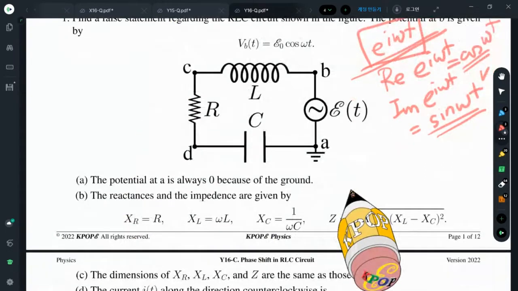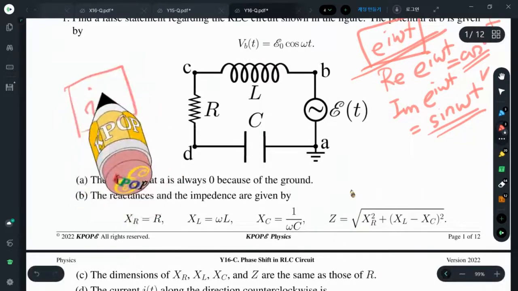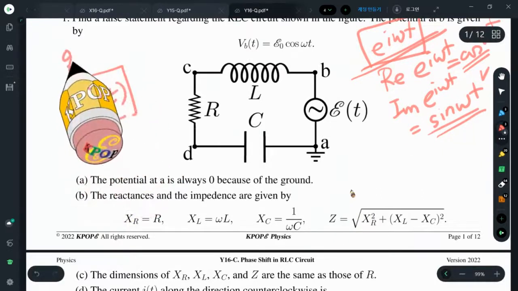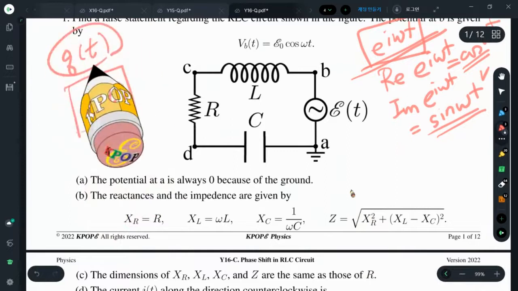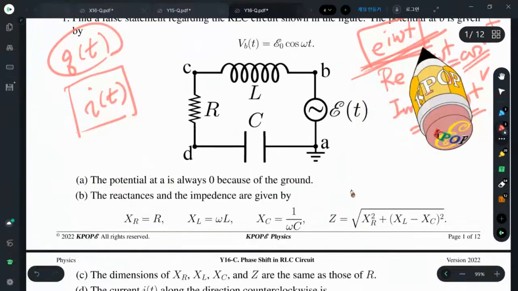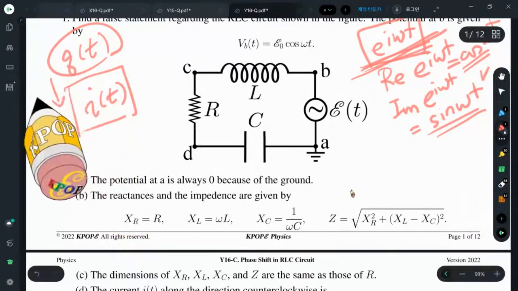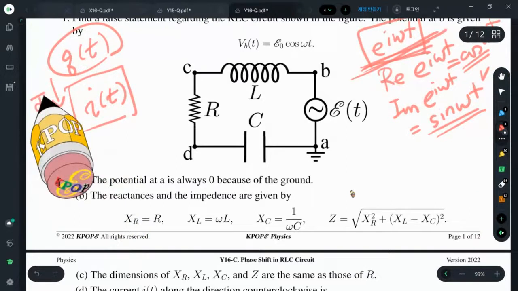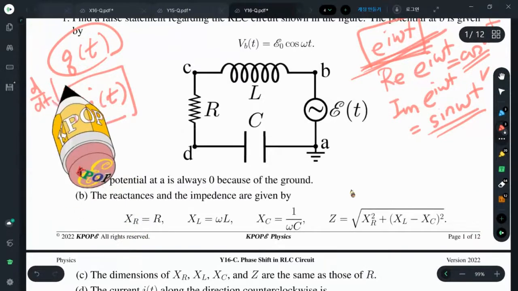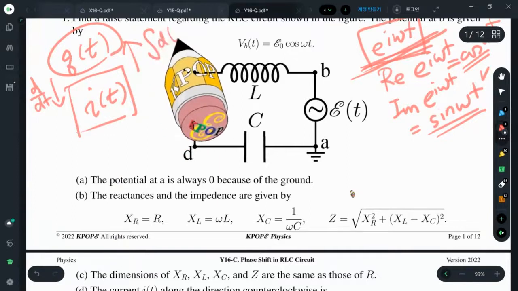If you do the calculation in terms of the current I instead of Q of t, in terms of e to the i omega t or cosine or sine, this is the derivative. The inverse, this is the integral.